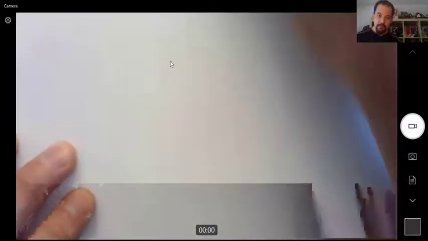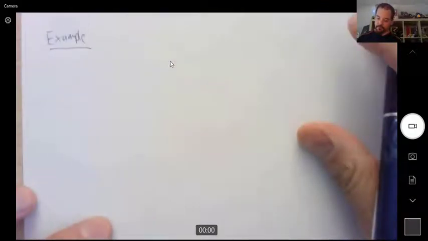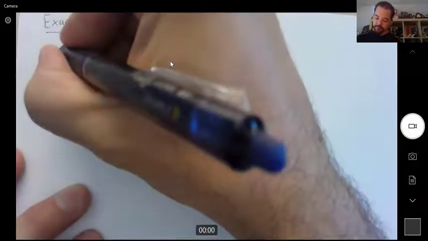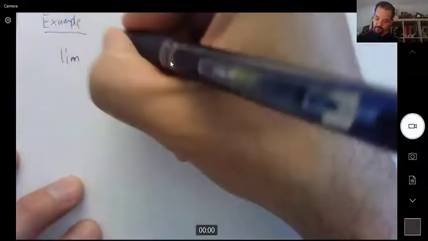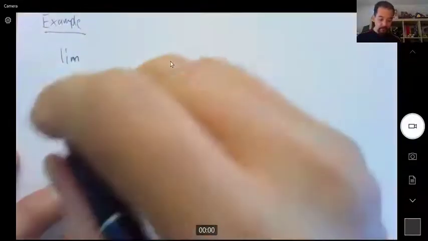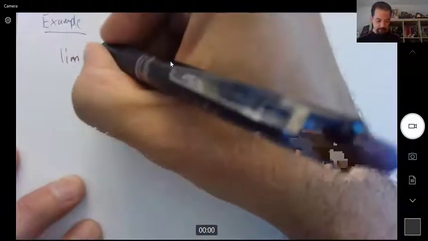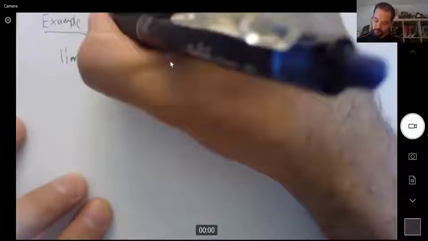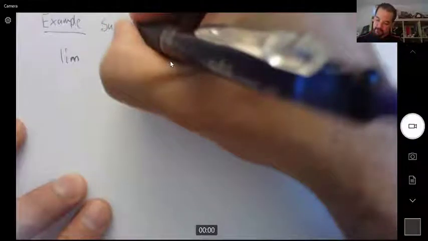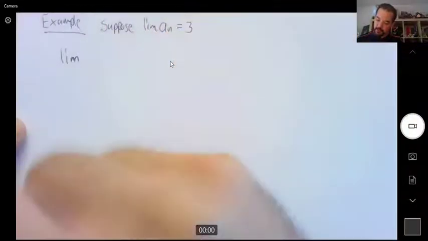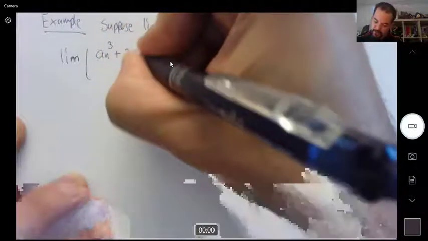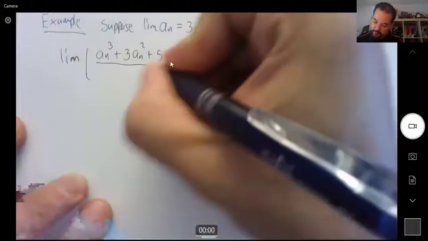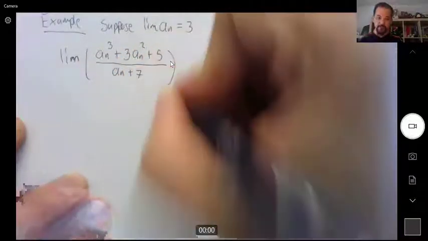So, example. See what would be this limit if we wanted to do... Let me think. Okay, suppose the limit of an is 3. And now you want to find the limit of (an cubed plus 3an squared plus 5) divided by (an plus 7), right?